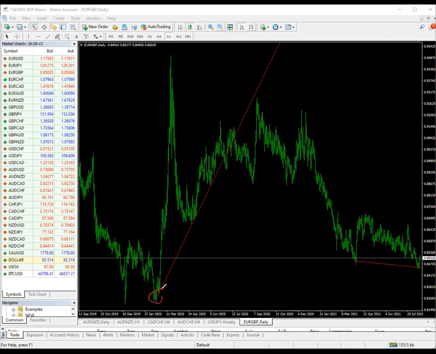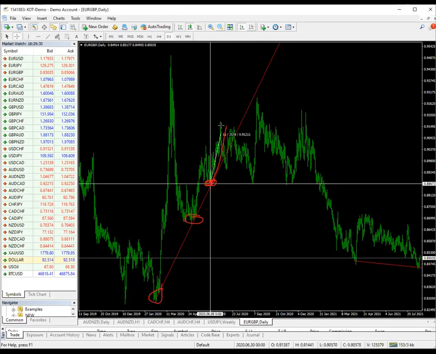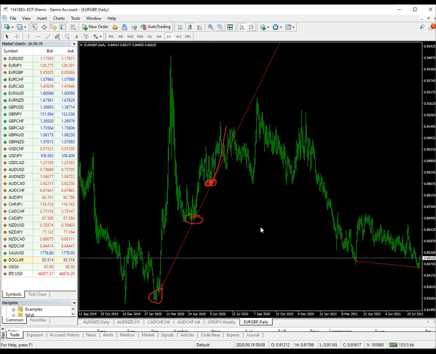This is the first bottom. Second bottom, you draw your line, waiting for the confirmation, which is the third one here. So at this level is where you will buy. And if you bought from that level, you would have made your profit of how many pips? Let's look at the third test. Tested it the third time and gave you 311 pips. 311 pips. Do you get it?